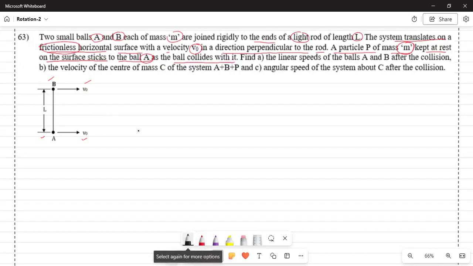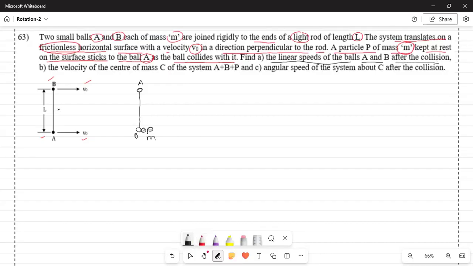That means somewhere here there is a particle P, again of mass M. Now, when this couple or the dumbbell A and B comes to this position, the particle P sticks to B. That means this now becomes a combination of B and P, and its mass becomes 2M. So the question is: find the linear speed of the balls A and B after the collision.